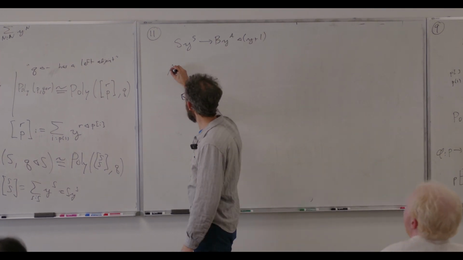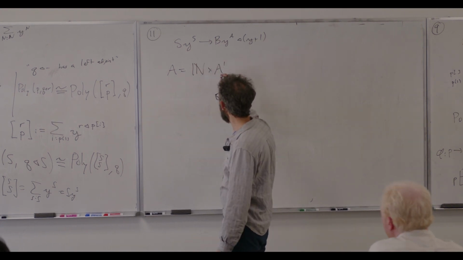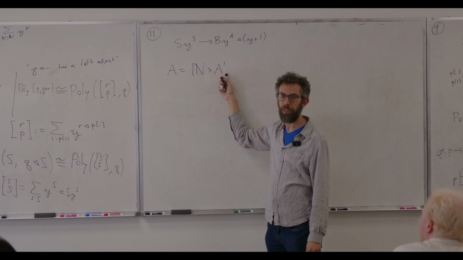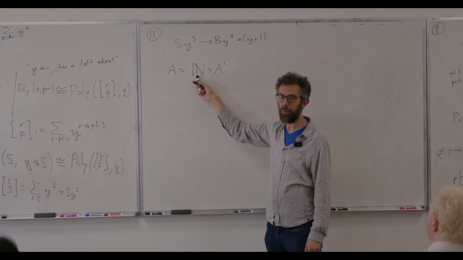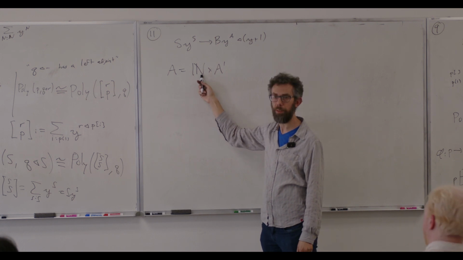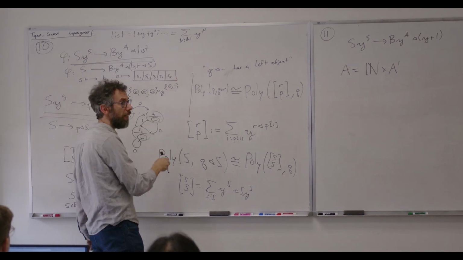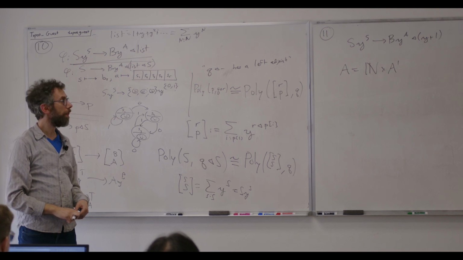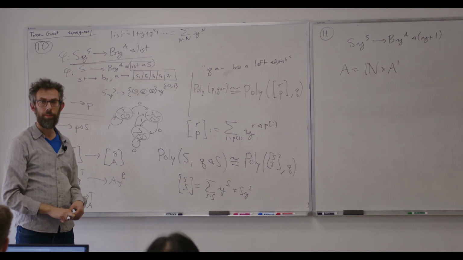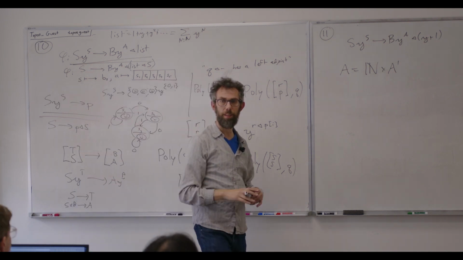Suppose A was natural numbers times A prime. It's some input, but it's also some knowledge of how much computation I have available right now. Then I could feed that in to pick the natural number of the length of the list from which the next possible state can be selected. So you could say my branching factor right now is 6.